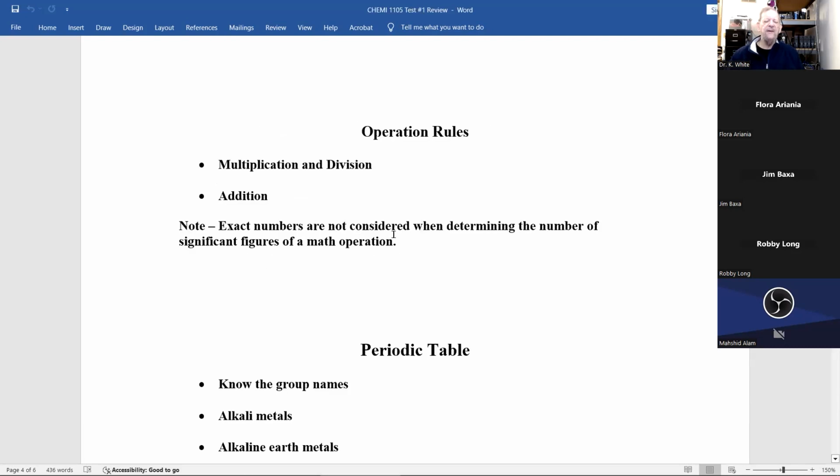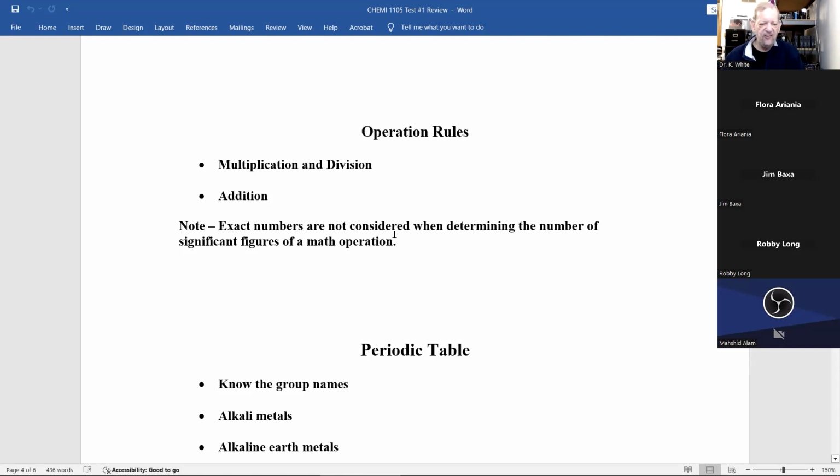Now, when you're doing mathematical calculations, which we will do in this class, there are certain operational rules to determine how many significant figures. If you use your calculator, it's going to give you a whole line of numbers sometimes, and that's not the right answer.